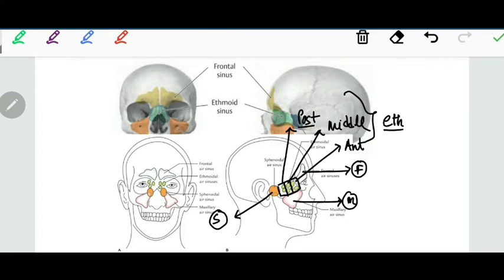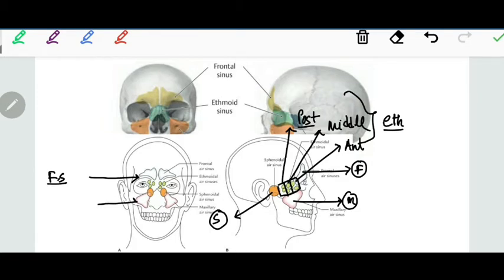Important to notice that the orbit of the eye serves as a landmark. This is the orbit. This serves as a landmark to appreciate the location and arrangement of the paranasal sinuses. The relationship of the paranasal sinuses to the orbit is as follows. The frontal sinus lies above the orbit.